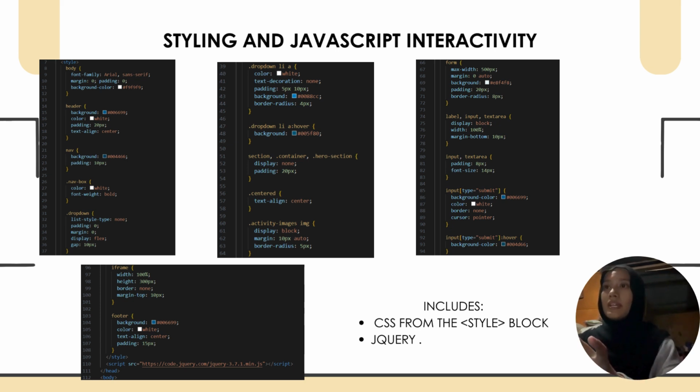The styling is handled entirely within the style tag in the head section, which includes body layout, header, and footer design, and any other specific classes for navigation menus, form elements, and image presentations.